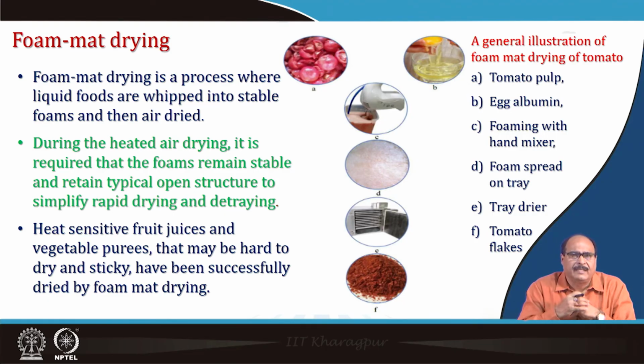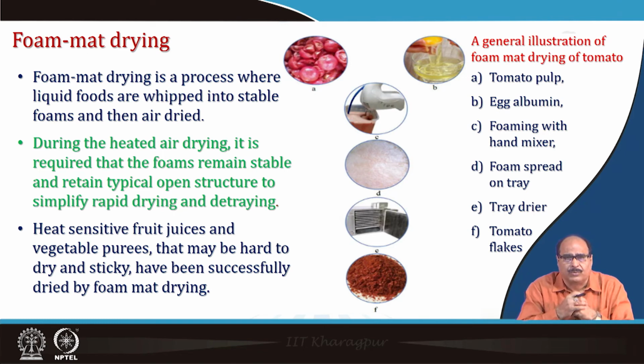During the heated air drying it is required that the foams remain stable and retain the typical open structure to allow rapid drying and easy detraying, because after drying the material which is kept on the tray should come off easily, so a Teflon coated belt etc. might be better suited.